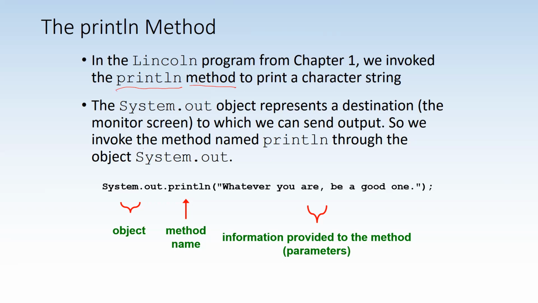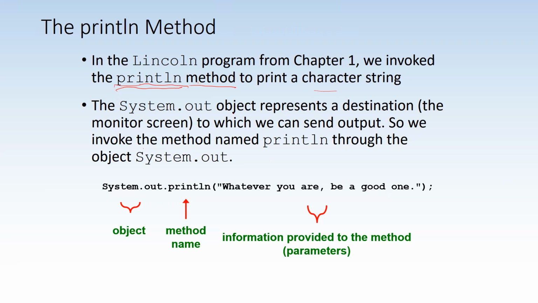It's like a function. It's a function, actually, right? And so you use this method and it will accomplish what you want it to do. Okay, you don't have to know how it does it, but it does it for you. That is a method. So we use this method to print a character string.